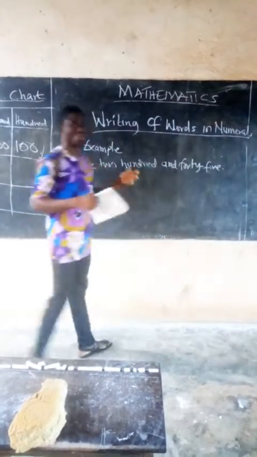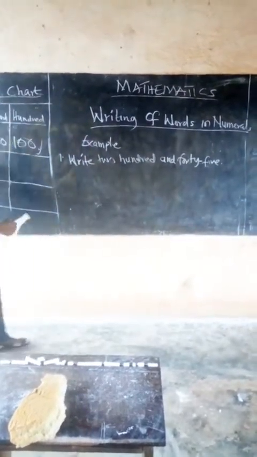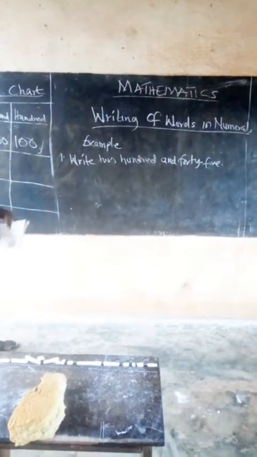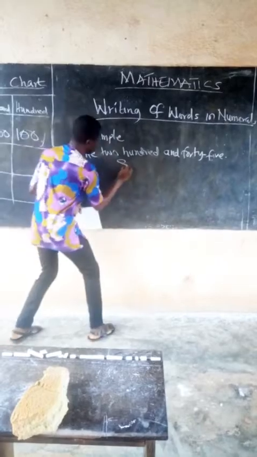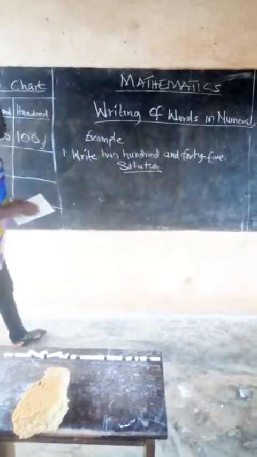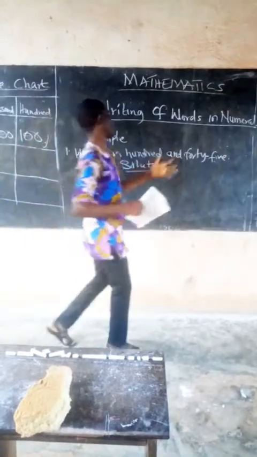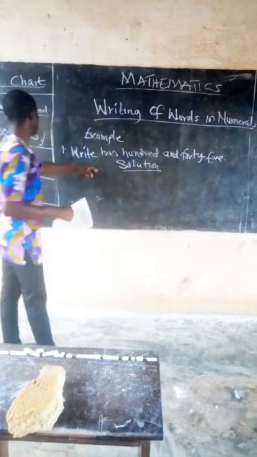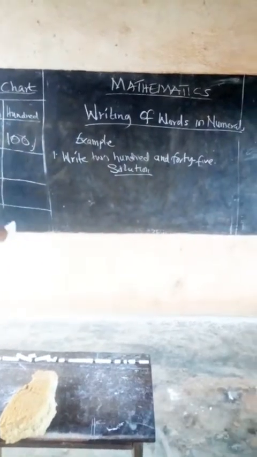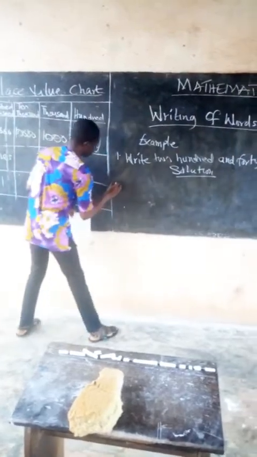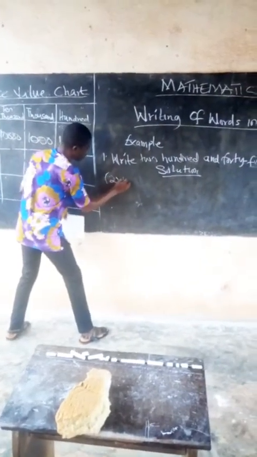We are going to use this place value chart to write this one in numerals. So our solution. So this is 245. 200 is 2 times 100. So 2 times 100.